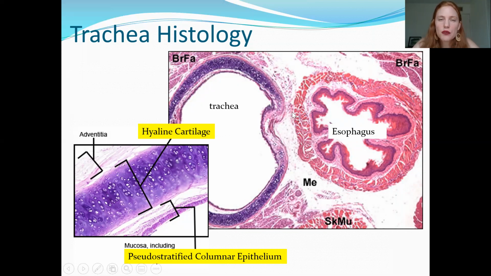Okay, so let's look a little bit at the histology of the trachea. We've actually seen this already for lab. So this little circular purple C-shaped structure here is going to be made up of hyaline cartilage. I do want you to know the specific tissue types found here, so make sure you make note of that. Remember that hyaline cartilage, I call that glass with bubbles.